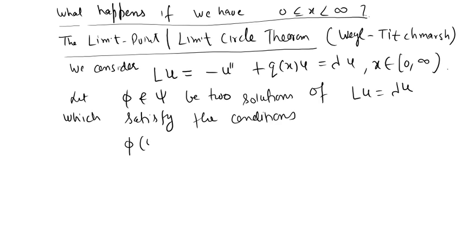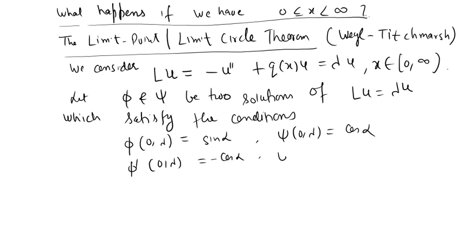So phi(0, lambda) is sine alpha, phi'(0, lambda) is minus cos alpha, and psi(0, lambda) is cos alpha, and psi'(0, lambda) is sine alpha.